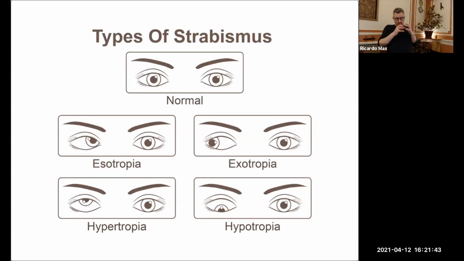It can have many sources: muscular, neurological, drugs can do it, and other stuff. So the eyes fail to put the same object in more or less corresponding points in the retina. So the brain must choose which one. It cannot fuse the two images.